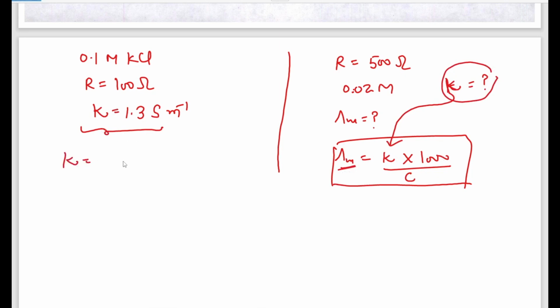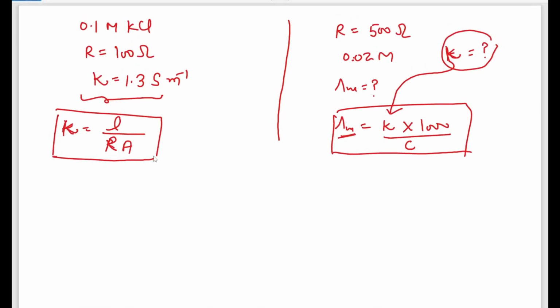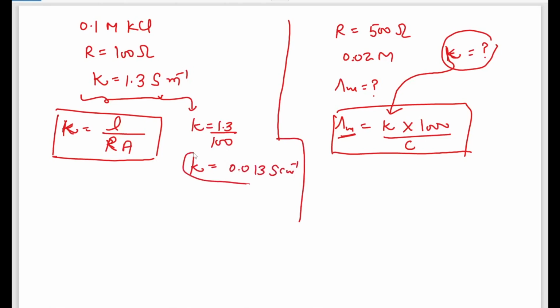So specific conductance is equal to L upon RA, okay, L upon RA. A is the area of cross section, L is the length of tube, and R is resistance here. Before filling the values, you can convert this specific conductance into Siemens per centimeter. For that you can divide it by 100 and your specific conductance value will be 0.013 Siemens per centimeter.